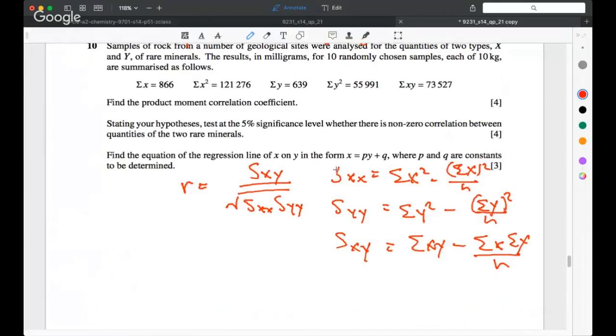After plugging in the numbers, we find R to be 0.687.